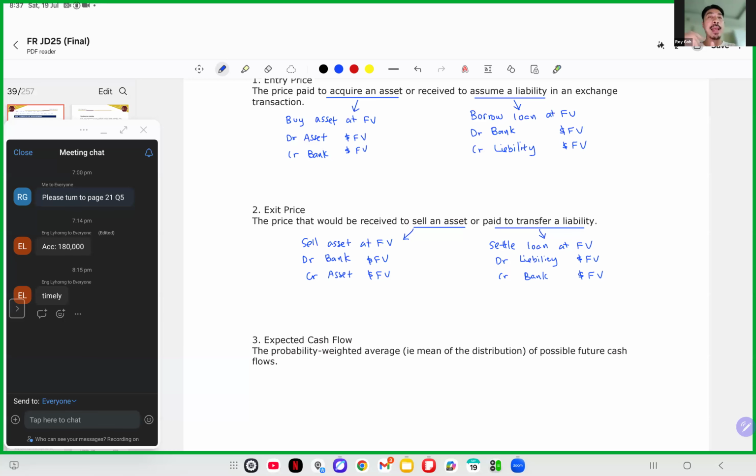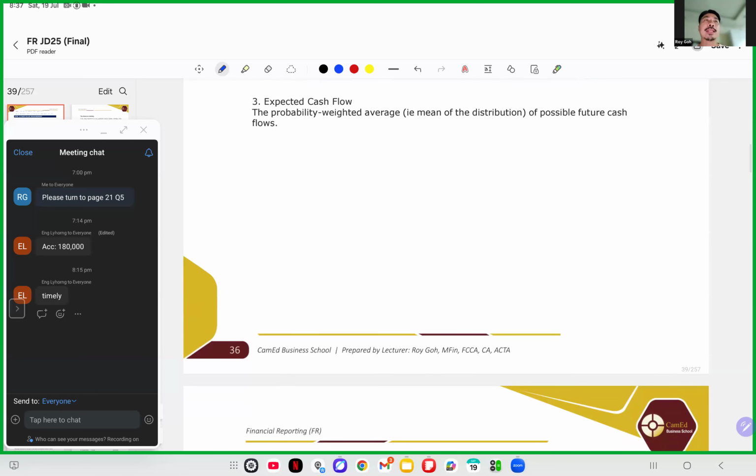So fair value means I can enter, I can exit. Don't worry. Next one, expected cash flow. This is a FCF. That stands for a future cash flow. All right, so a fair value can also be a present value.